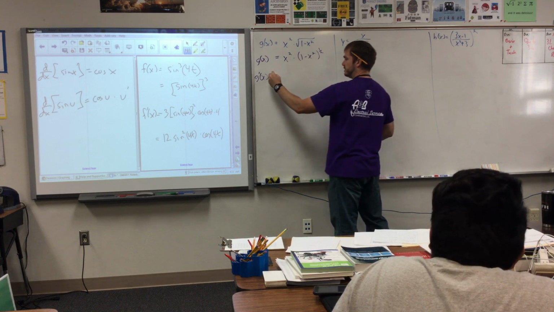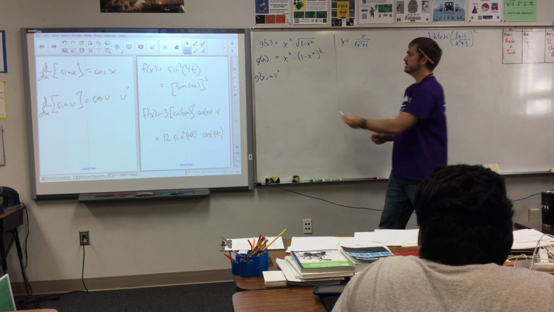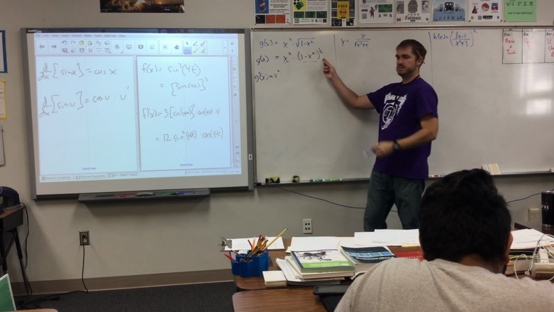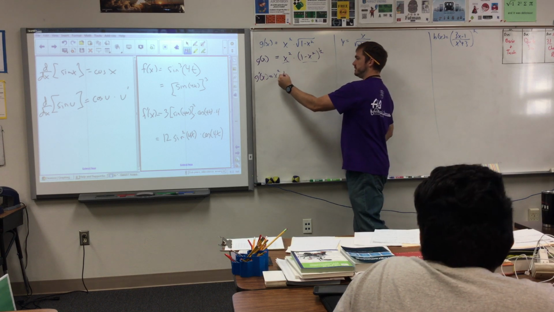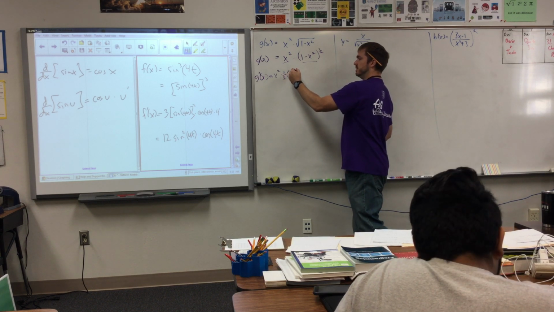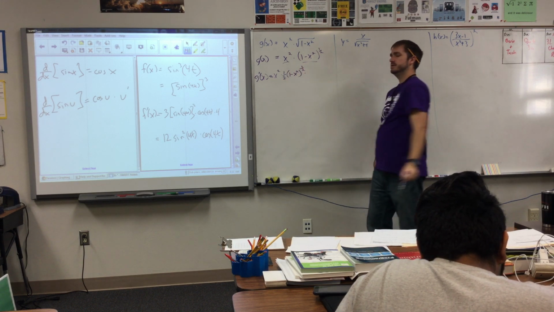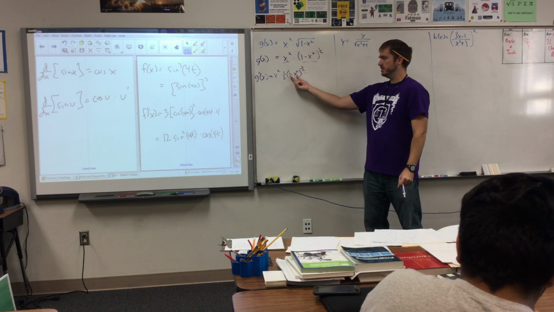So the first, x squared, times the derivative of the second. Now I'm going to have to apply today's lesson, the chain rule. So 1/2, 1 minus x squared to the negative 1/2, times the derivative of the inside.